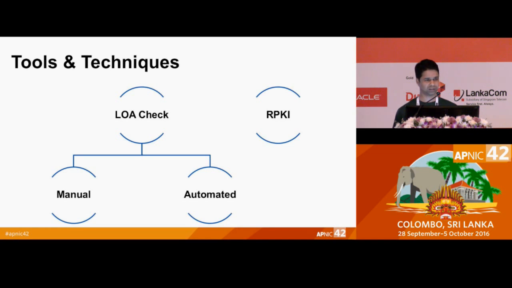Along with RPSL, we have RPKI, Resource Public Key Infrastructure. What I mean by resource is your AS number and prefix. So you cryptographically sign your prefix and AS number and say, okay, this prefix will be announced by this AS number, and you sign it and create a ROA.